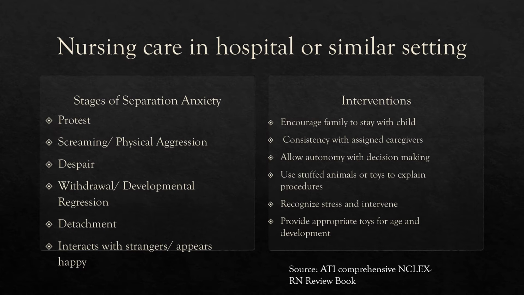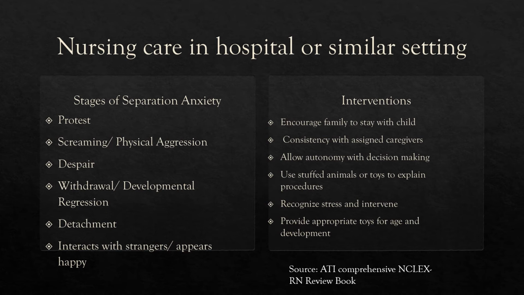So what are some interventions you could do as a nurse? You could encourage the family to stay with the child. When you are doing nursing assignments, if you have a pretty consistent staff, you might want to try to keep the child with the same caregivers. And then you want to allow the child to make decisions.